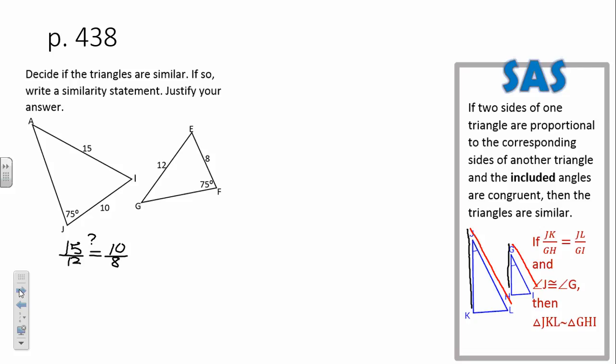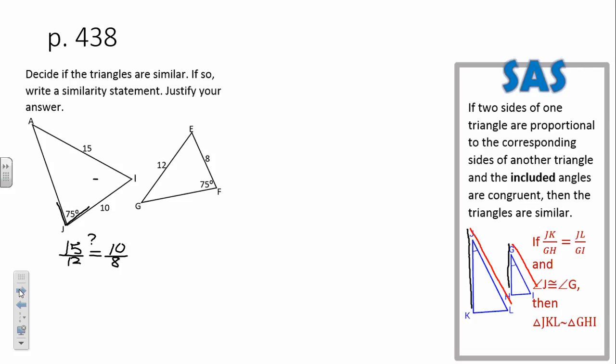But the most important thing to realize with side angle side is we have to be able to have the included angle congruent. So when I look at angle J and angle F, I have to ask myself if it's the included angle between the sides that I have given. And angle J is not made by those two sides. It is an excluded angle. It's outside of those.